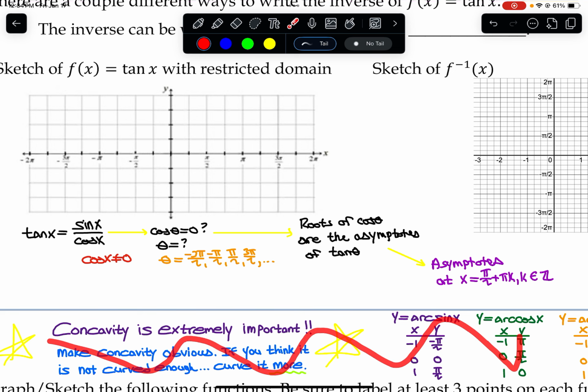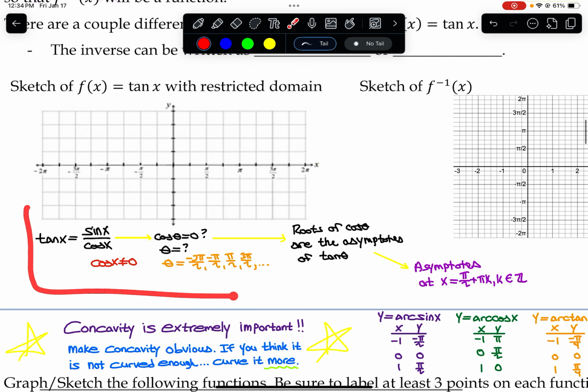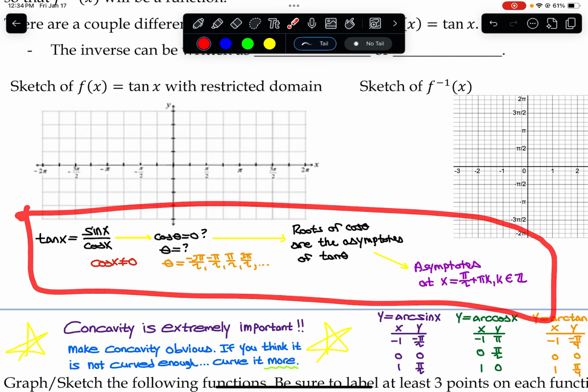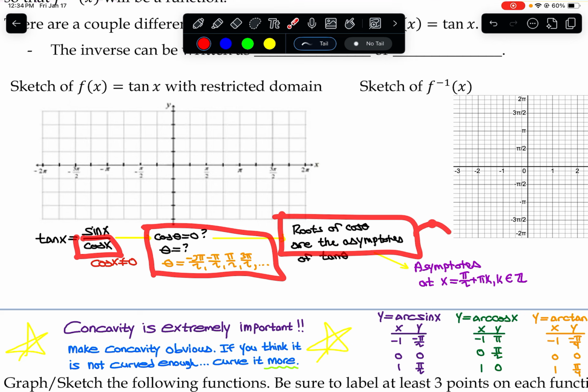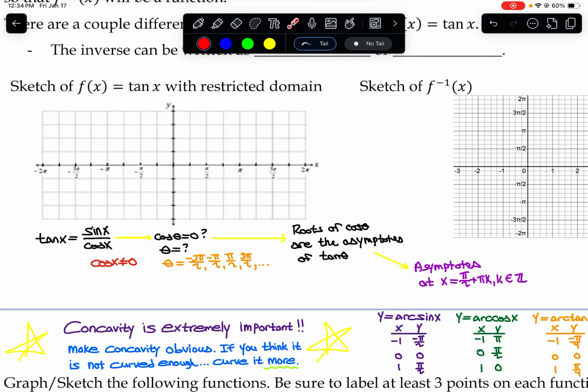Ignore this down here. We're not there yet. So just focus on this. This is how I think of it in my head mentally. This is how I can develop a lot of those answers quickly, because I always think of it in terms of what function is in the bottom, what are the roots of that function, and then the roots correspond to the asymptotes of that specific function. So that's kind of my train of thought.